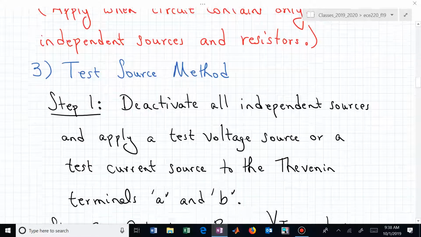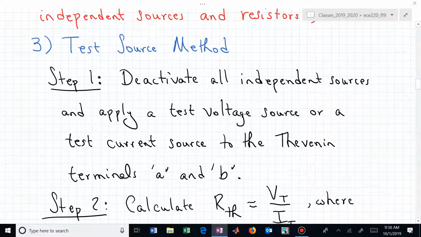Finally, one more method, which is referred to as the test source method. We first deactivate all the independent sources. Then we apply some test instrument between A and B. That test instrument could be supplying a current of 1 amp, or it could be applying a voltage of 1 volt.